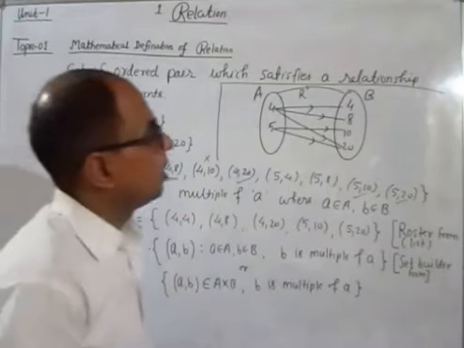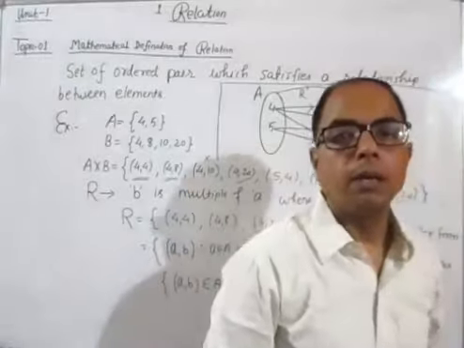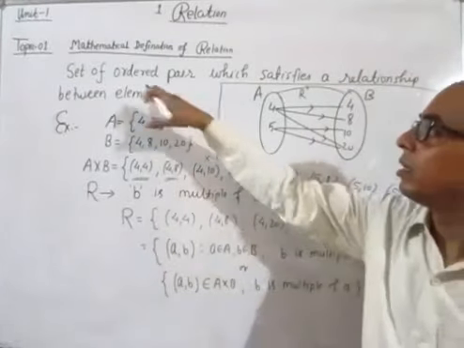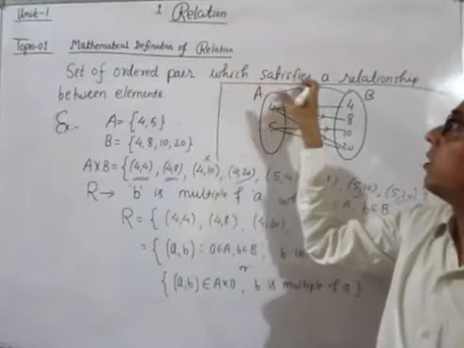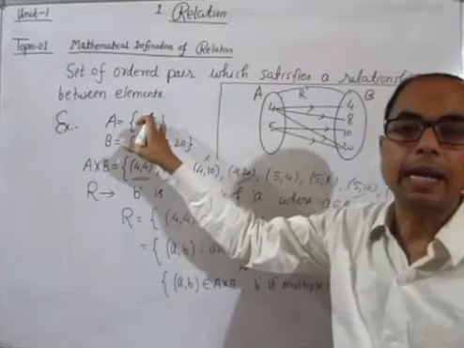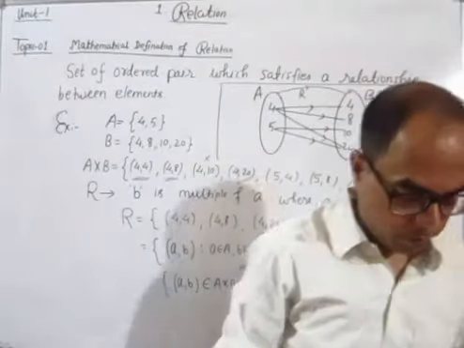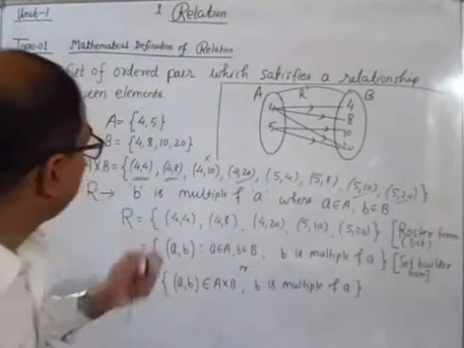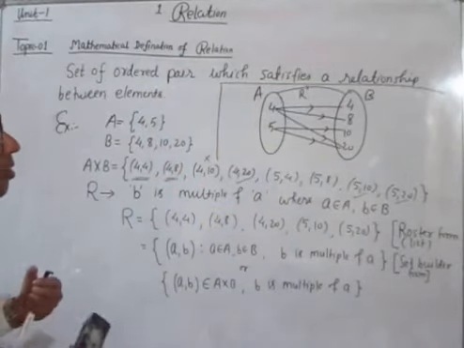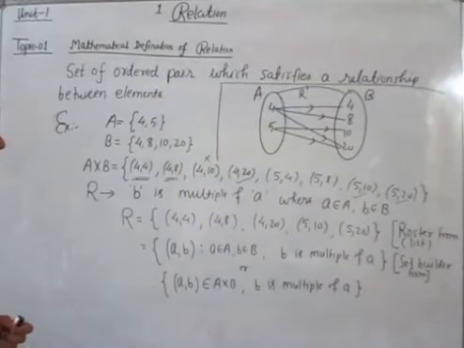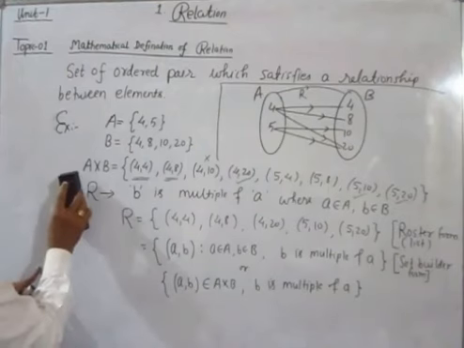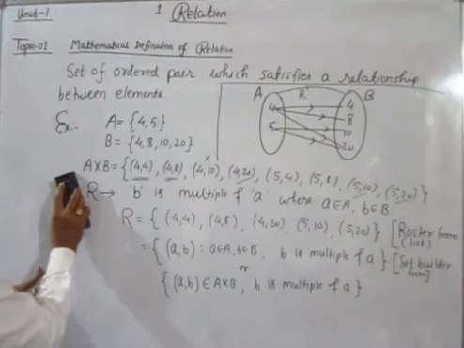So this is the mathematical meaning of relation: set of ordered pairs which satisfies a relationship between elements. Now from the definition we can point out some important points. So let me write some points.